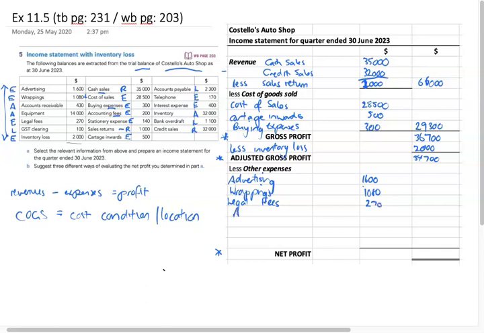Accounting fees, being $200. Our stationery expenses are $140. And our telephone is $170, and our interest is $400.